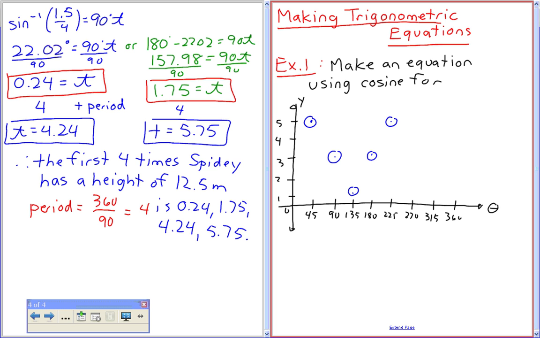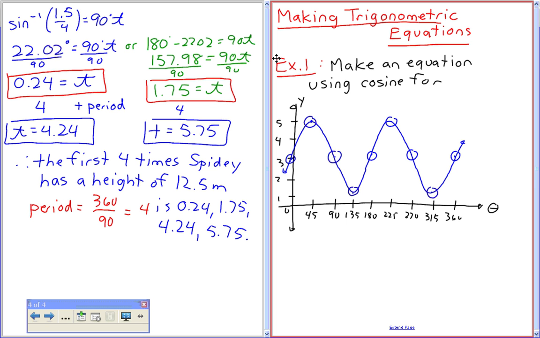So here's my beautiful graph. There's my graph like that.